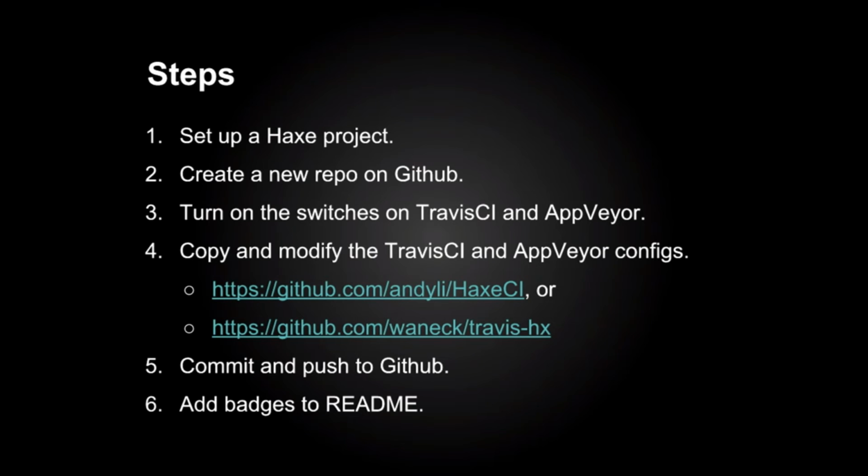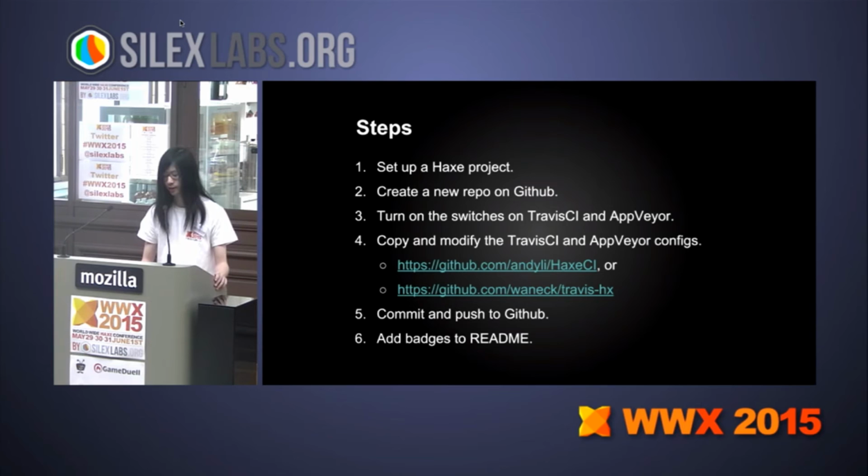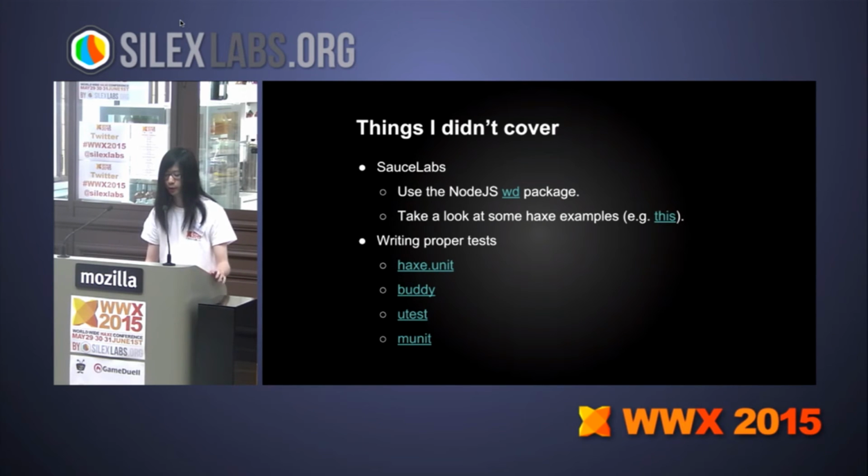You can even use sudo, apt-get, whatever you want to use. And then finally, when you have the configuration file ready, you just commit and push to GitHub, and then you can add the badges to the README to showcase that your library is fully tested, it's solid, and yeah, it will be great.